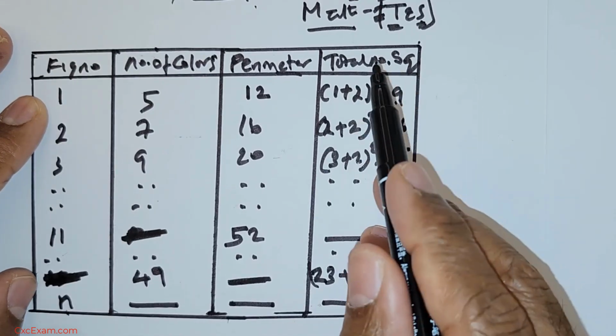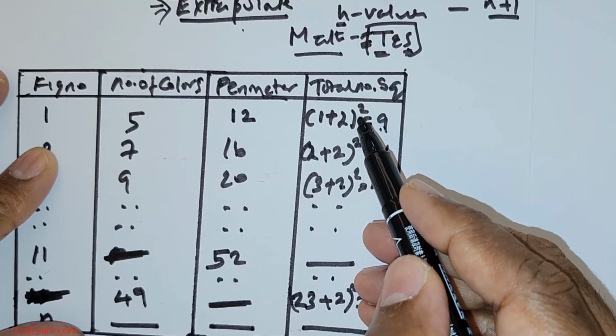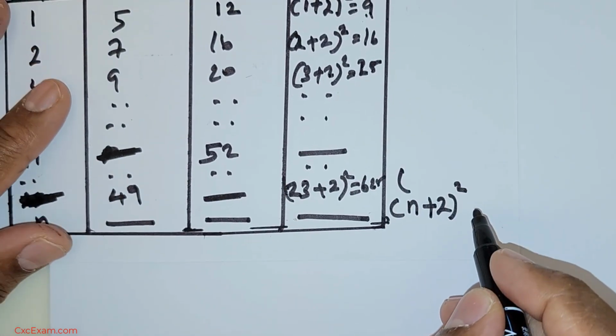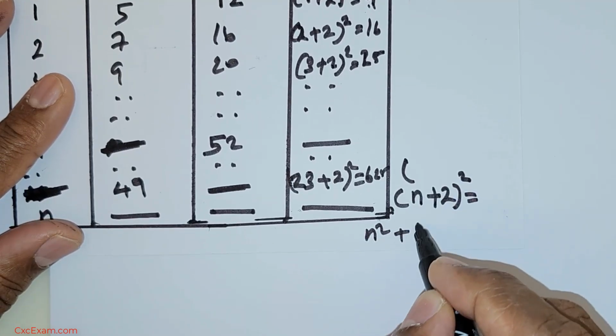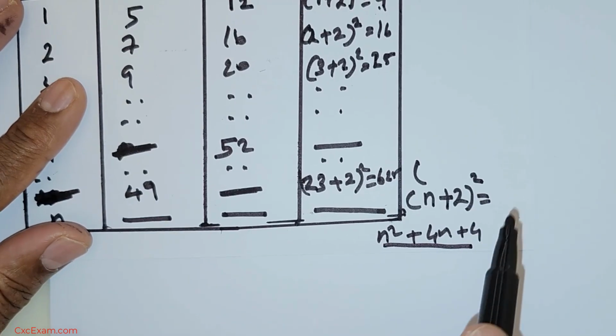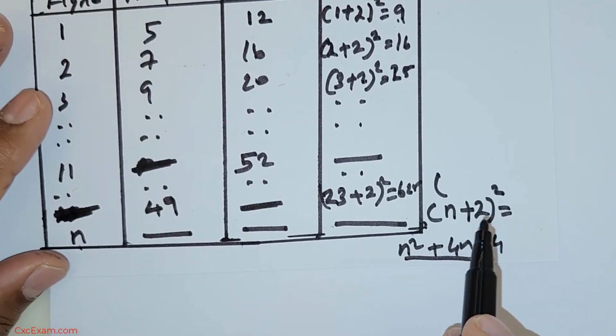Now 2, 2, 2, it's constant, so 2 is also going to be there. Now the index, the exponent is 2, 2, 2, so 2 should also be there. So this is going to be my formula. So what is this? This is going to be n squared plus 4n plus 4. So that is the formula that you have to write and expand. So that gives you the score.